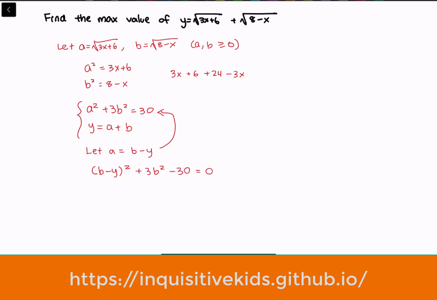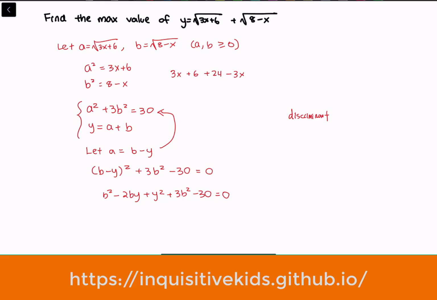And hang on tight, because we're going to turn this into a quadratic. We have b squared minus 2by plus y squared plus 3b squared minus 30 is equal to 0. We're about to use the discriminant method for finding the maximum value of the function y, which means that we're going to try to turn this quadratic into a quadratic that is about the variable b.